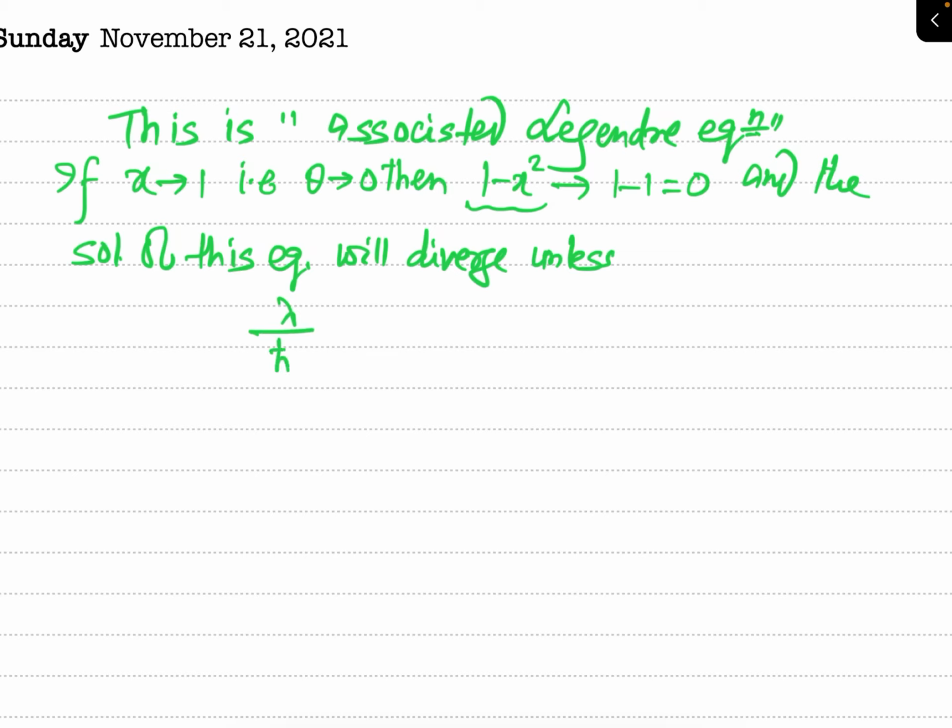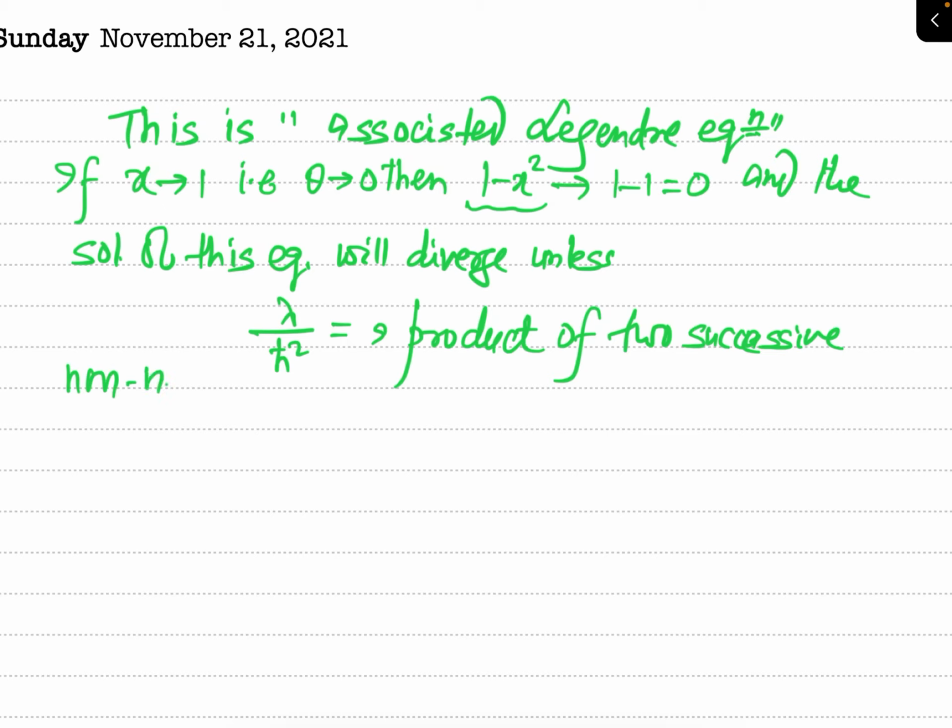this quantity lambda over h bar square is equal to a product of two successive non-negative integers.